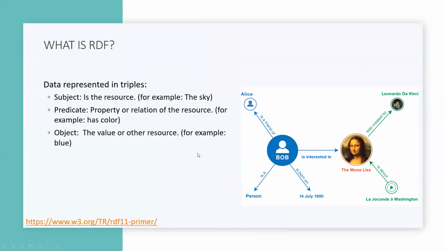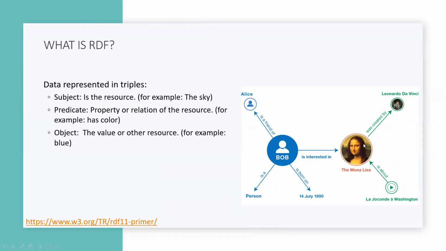The first thing is, what is RDF? RDF is data represented in triples. We need a subject, a predicate, and an object. The subject is the resource, the predicate is the property or the relationship, and the object is the value or another resource. For example, a subject can be Bob, the predicate can be is interested in, and the object is the Mona Lisa.